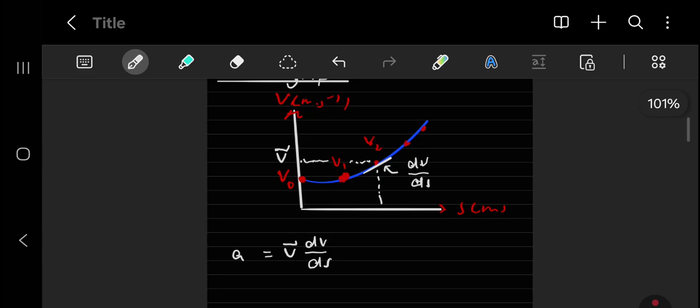So if you're given the velocity-position graph, you can just take the derivative of that and multiply it with the velocity at that point, which has to give you a certain value. So let's say they said s is equal to 2, then you would plug 2 into your velocity-position graph to get the velocity, and then take the derivative of that graph to get your acceleration.